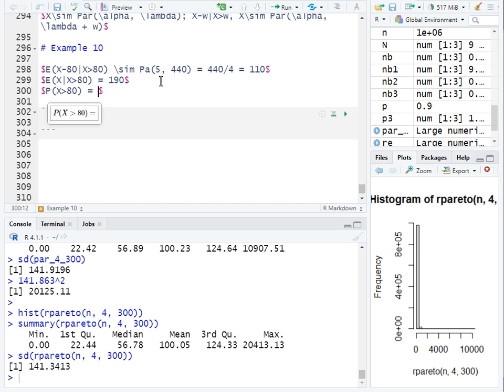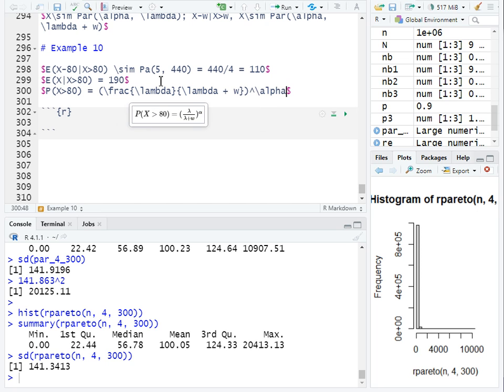Okay, so let's place the formula here: lambda over lambda plus w and everything to the power of alpha.